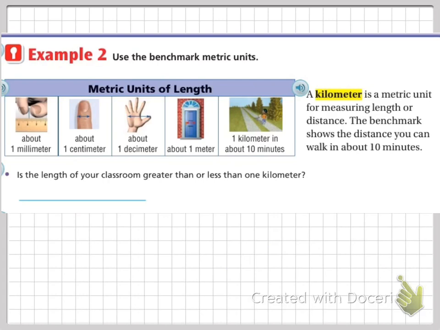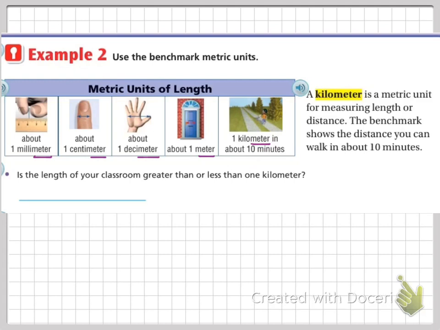Here are the benchmarks. So we're talking about just length. So we're only referencing units that have the ending of meters in them. You see how the prefixes in all of these are different, but they all end in meter because we're talking about length. The other ones are talking about mass and liquid. So a millimeter, we see those on rulers.